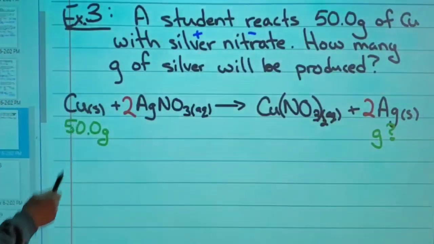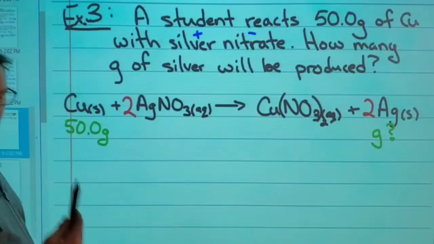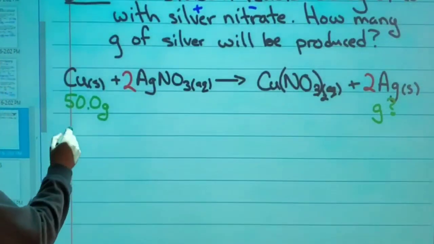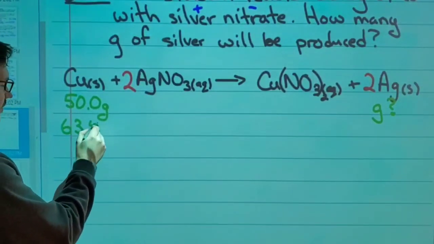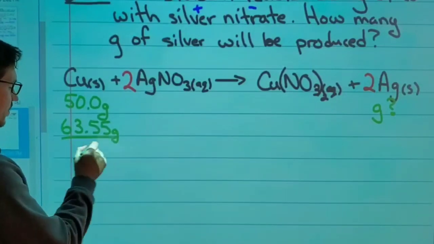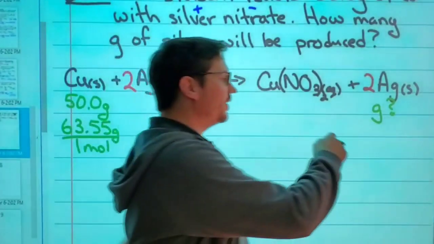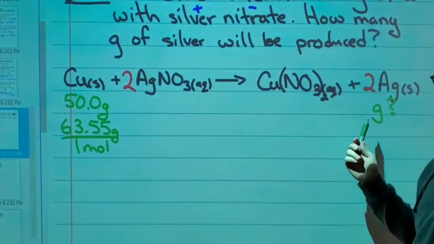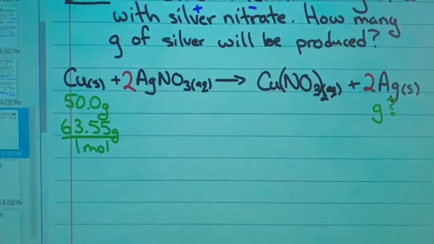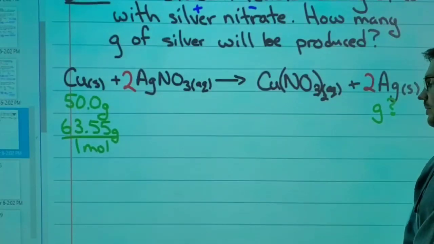So we got to look at the molar mass of copper. You take a look at the data booklet. It'll be 63.55 grams per 1 mole of copper. Then we look over on the other side. It's asking us for the grams of silver.